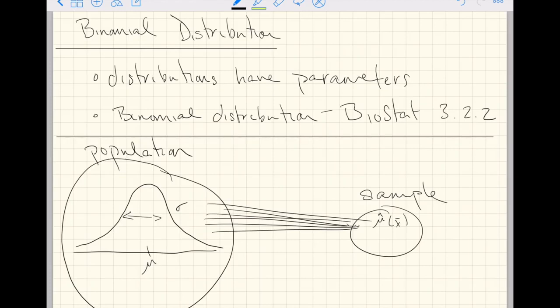X bar doesn't really mean anything to me because I don't understand how x bar and mu are symbols that should be related at all. But you will see in the book Biostat and outside of this class that x bar is the sample mean used to estimate the population mean. And similarly, from our observed values, we can estimate the population standard deviation.